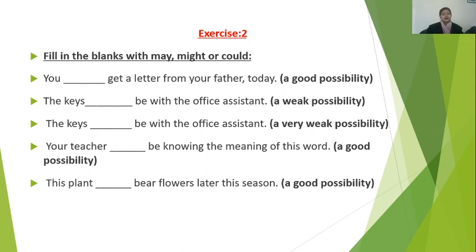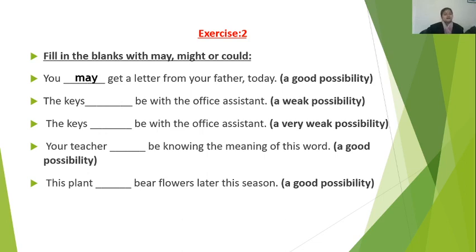"You ___ get a letter from your father today." A good possibility. May, might, or could? May. You may get a letter from your father today. It is showing that the person is 100% sure that he is going to get a letter from his father.